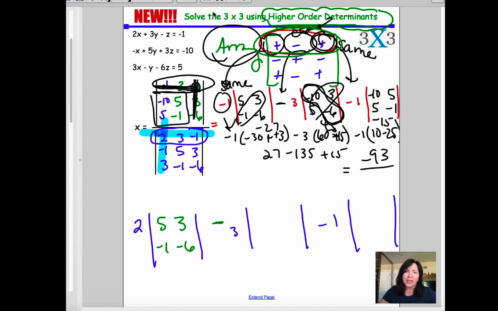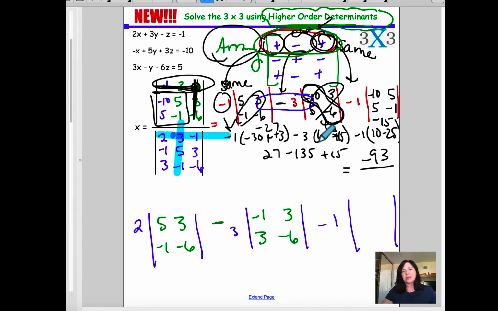Now, if I'm crossing out the 3, I have negative 1, 3, 3, negative 6. And then lastly, if I cross out the negative 1, I'm left with negative 1, 5, and then 3, negative 1.